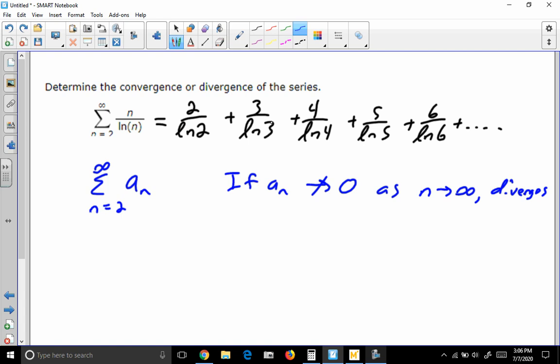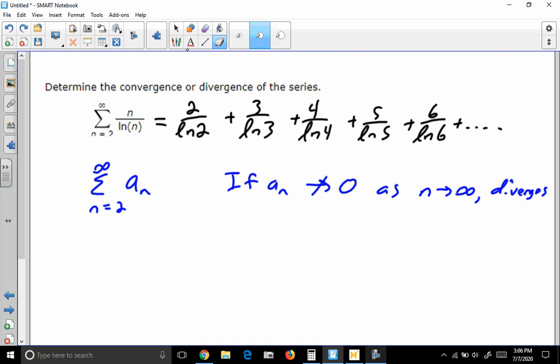Even if they're getting smaller, but they're approaching a number like, let's say, 1, then eventually we would be adding 1 or close to 1 forever and ever and ever. And if we're adding a number that's close to 1 forever and ever, then that's going to be getting bigger and bigger towards infinity, and it's going to diverge.